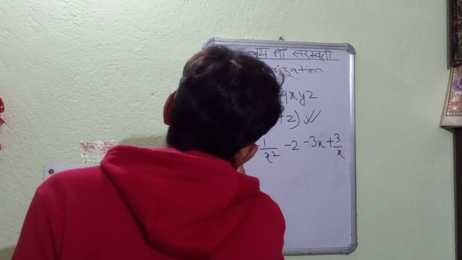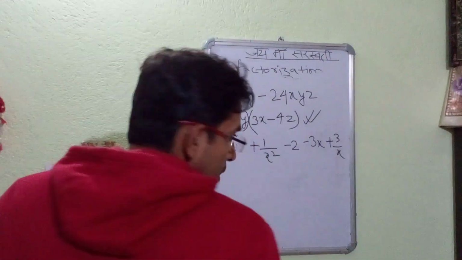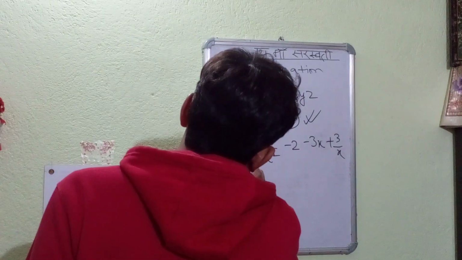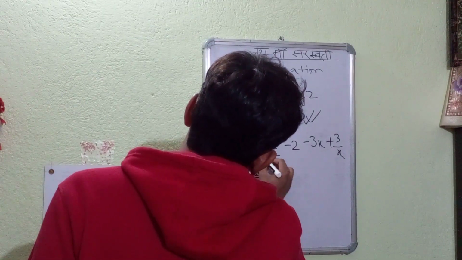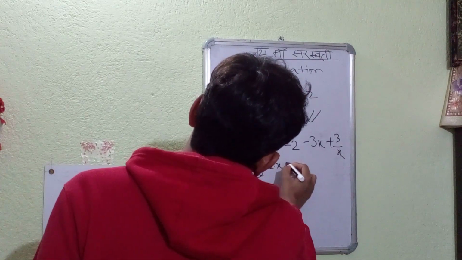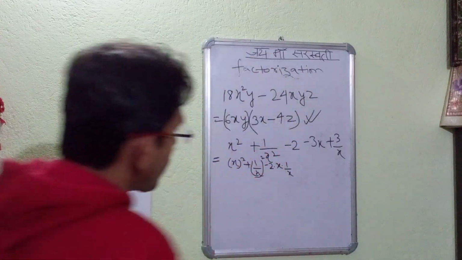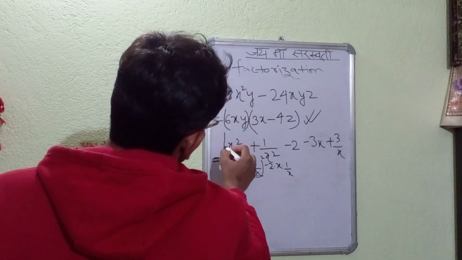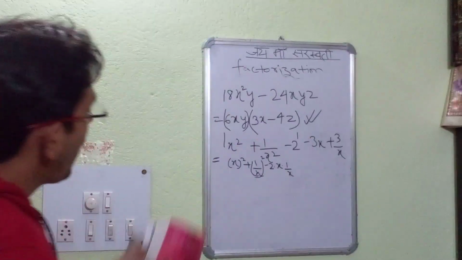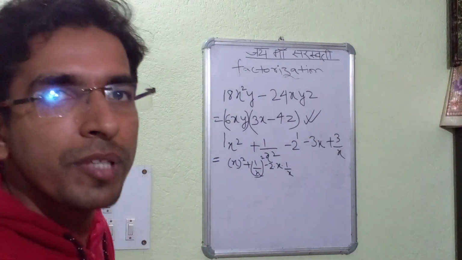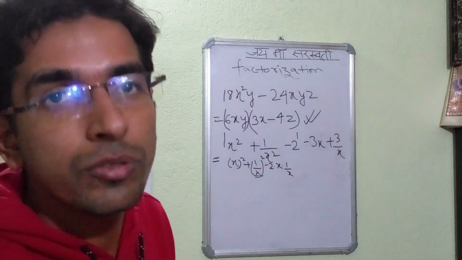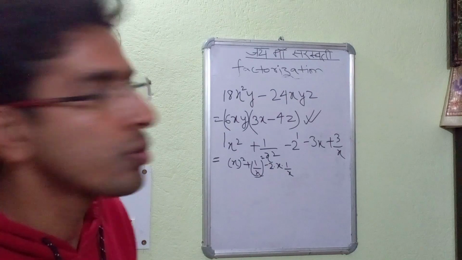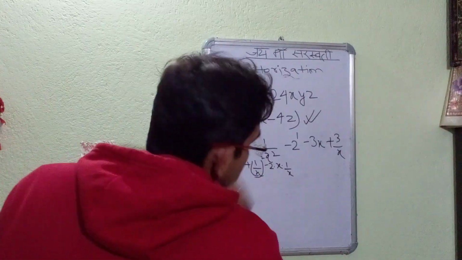So if we write it like this, x square plus 1 by x the whole square minus 2 into x into 1 by x. This is the first part. Up to this, we have transformed this equation into a minus b the whole square, that is a square plus b square minus 2ab.